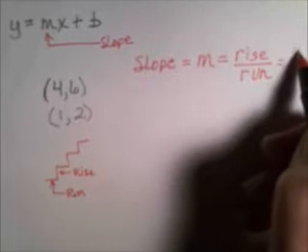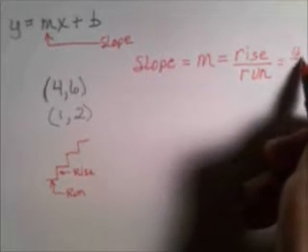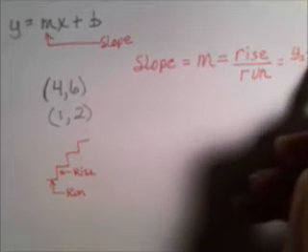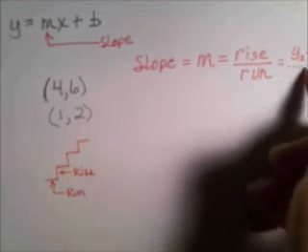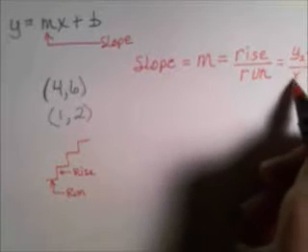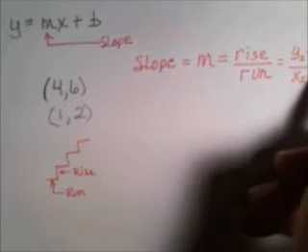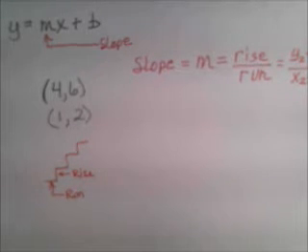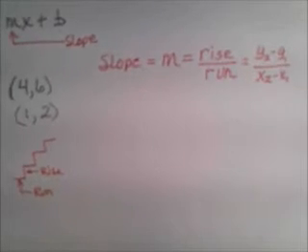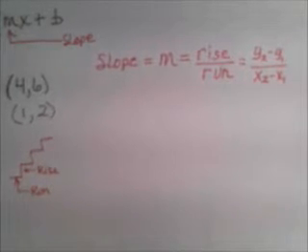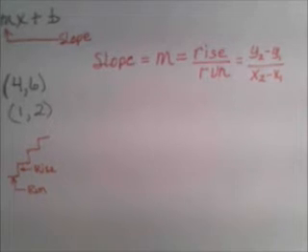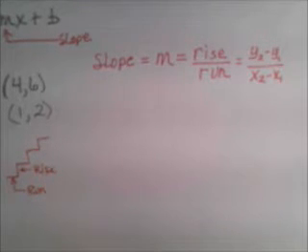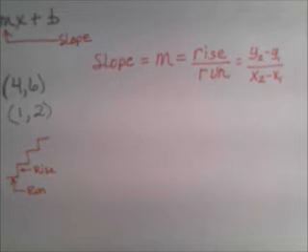The rise is going to be our y values, and we'll write y sub 2 minus y sub 1, over x sub 2 minus x sub 1, which really makes sense when you think about it, that the rise would be those y values, and the x's are the ones that go across. The x-axis goes across, so the x values would be the run, where the y values would be the rise.